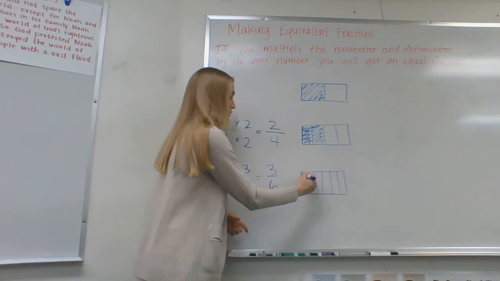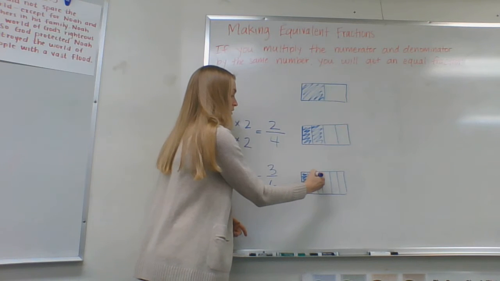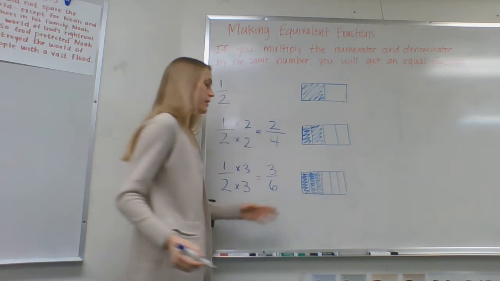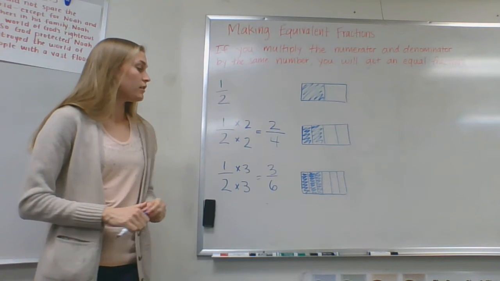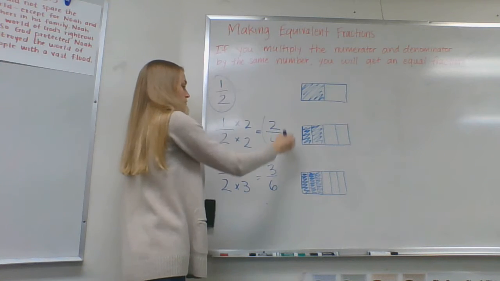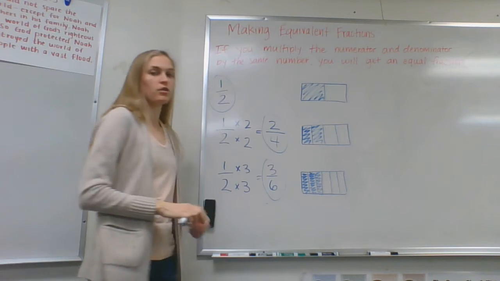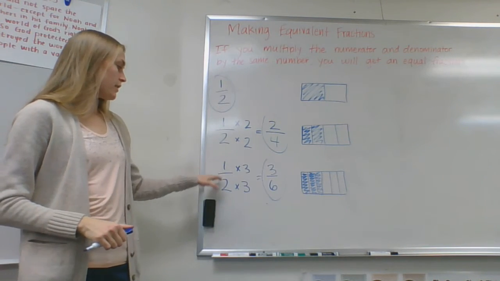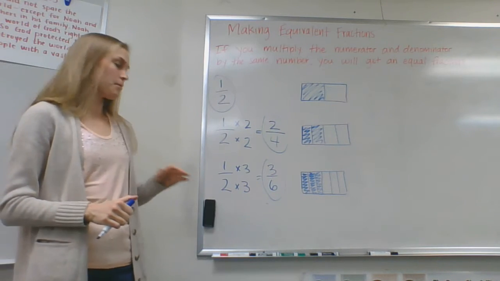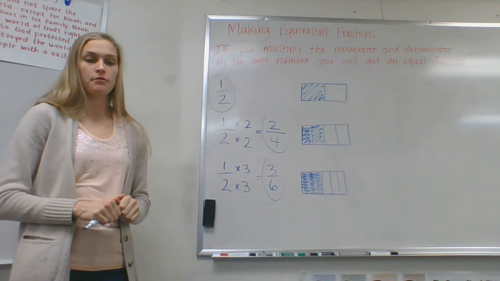So 3 of those would be shaded. And as you can see, it's still equivalent. So 1/2, 2/4, 3/6, they're all equivalent. And we can multiply the top and the bottom by any number as long as we do it the same number, and we will get an equivalent fraction.